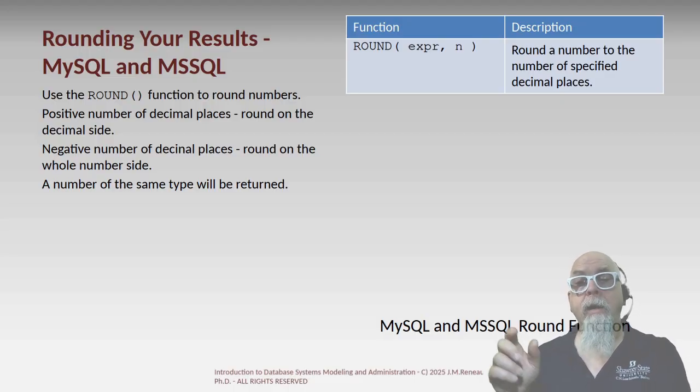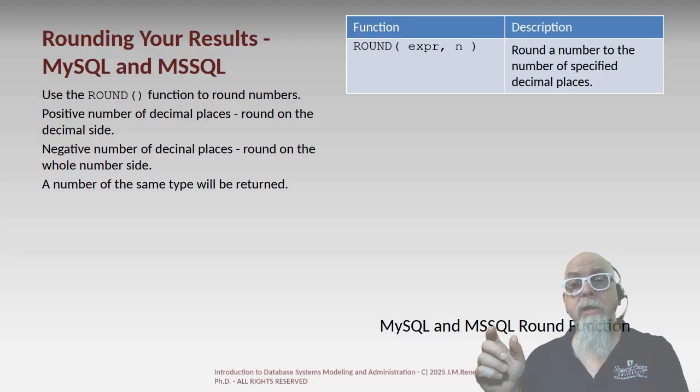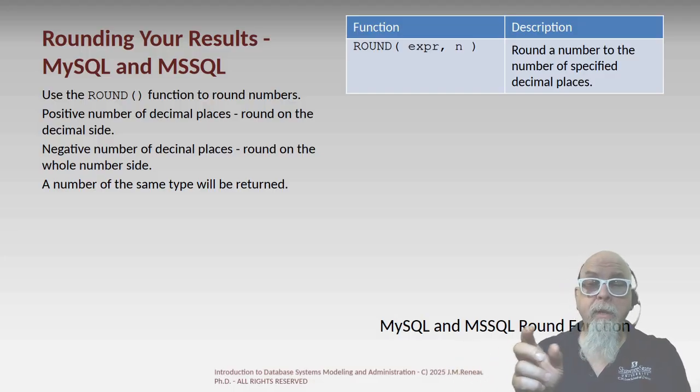So if you want it to look like dollars and cents, you would say round expression, comma 2. But the really cool thing is, what if your number needed to be rounded to the nearest thousand? You don't care about the individual dollars. You don't care about the cents. You just want it rounded to the nearest thousands place.